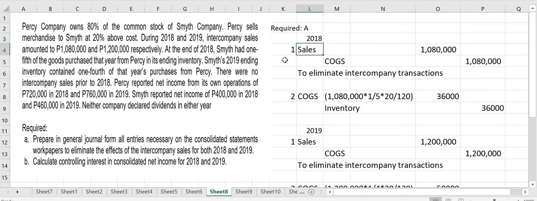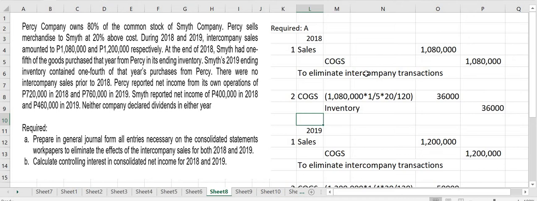So you debit sales, credit cost of goods sold for 1,080,000. And then, the second entry natin is to eliminate the markup included in the ending inventory reported by Smith, the buying affiliate.